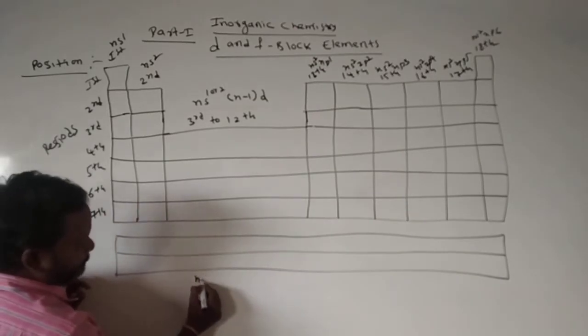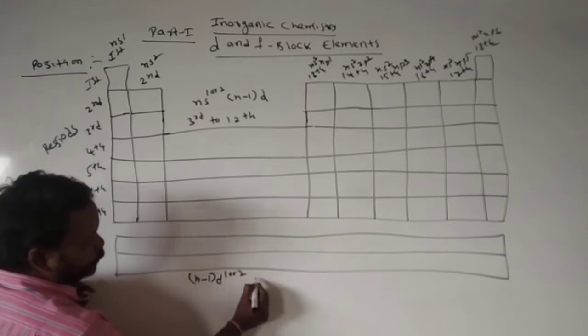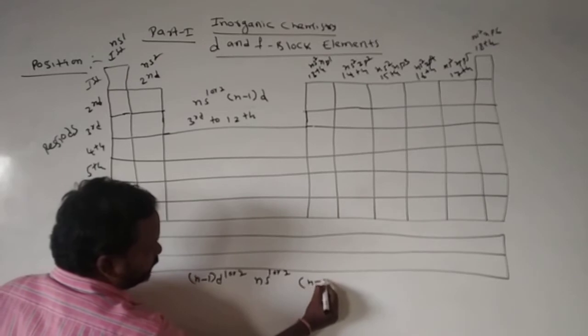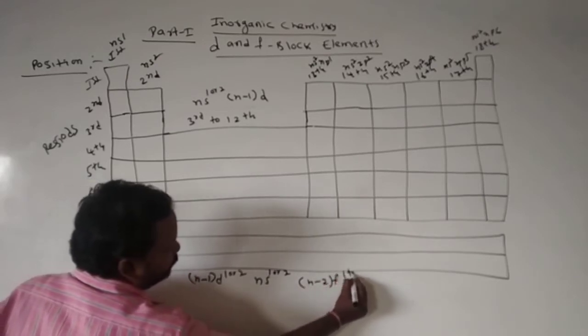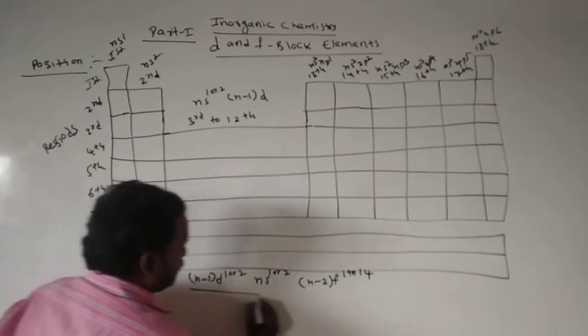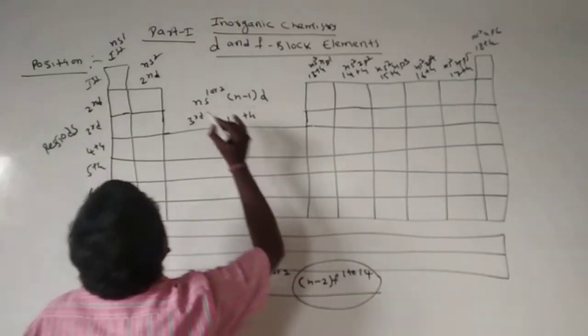(n-1)d1 to 10, ns1 or 2, and (n-2)f1 to 14. This is the general electronic configuration. This is the outermost electronic configuration here.